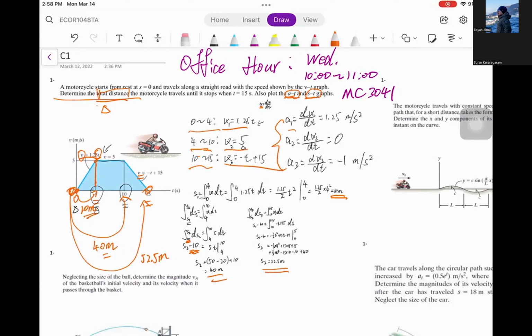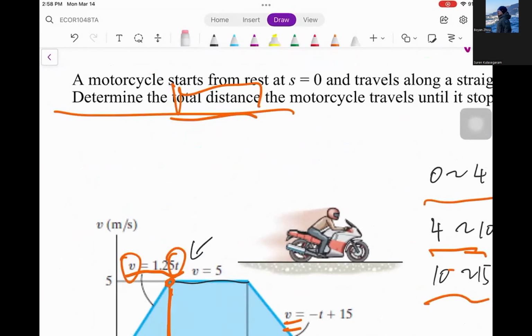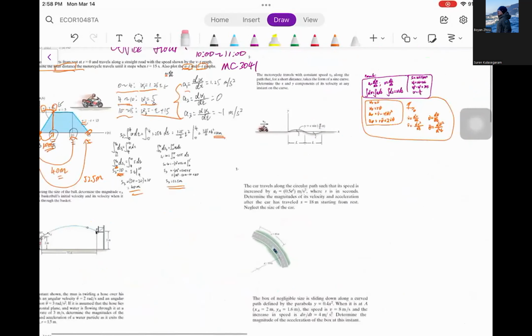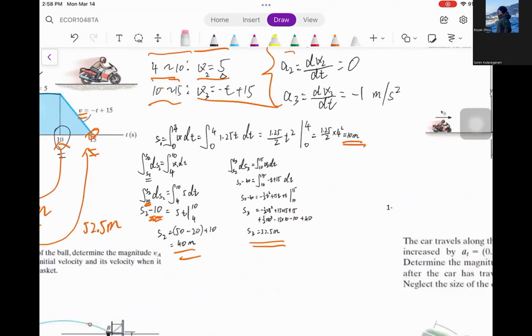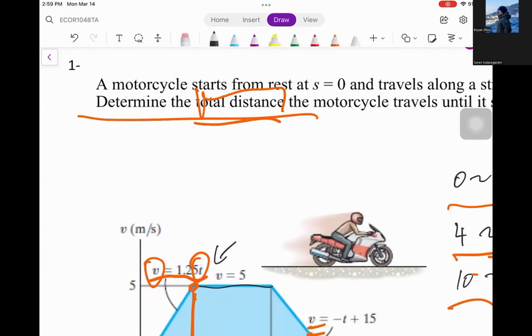So we can just roughly draw the diagram. See if there's any space. I'm going to do it here. AT.